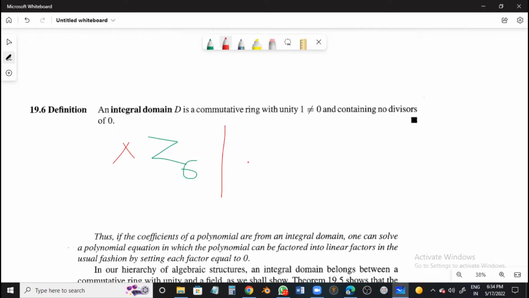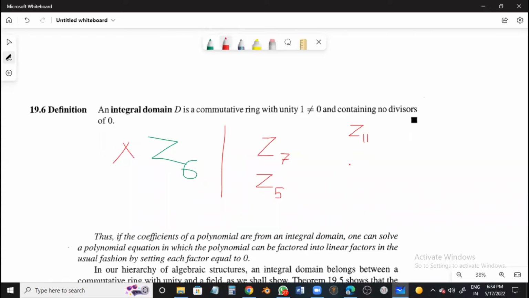Okay. My question to you is, is Z7 an integral domain? Does it contain 0 divisors? Is Z5 an integral domain? Yes. Is Z11 an integral domain? Did you observe what I wrote over here?